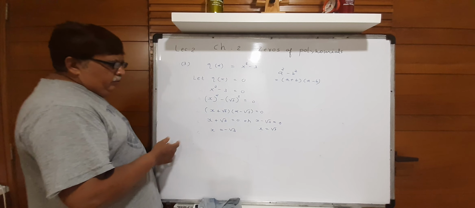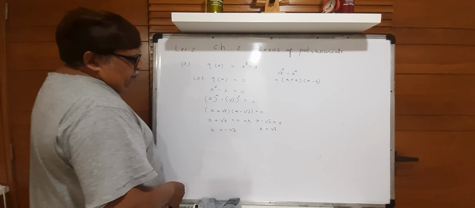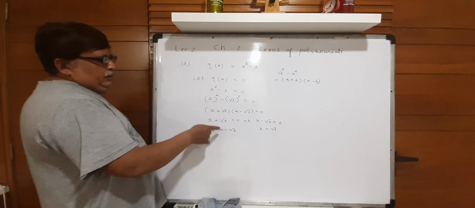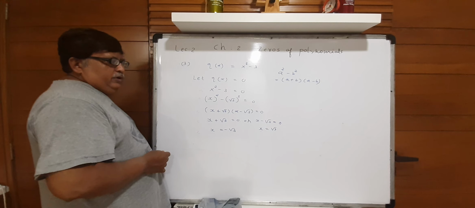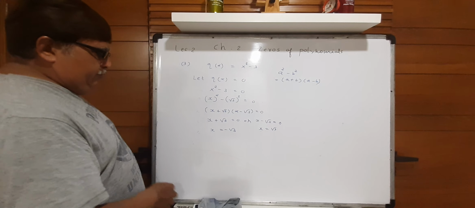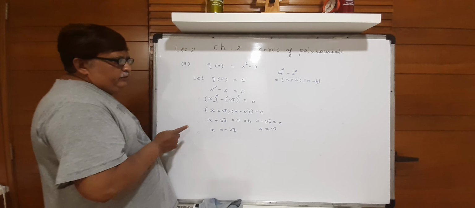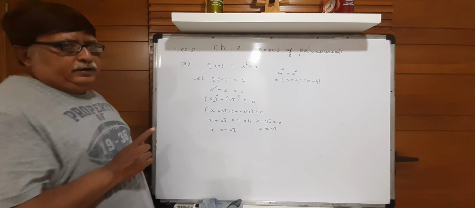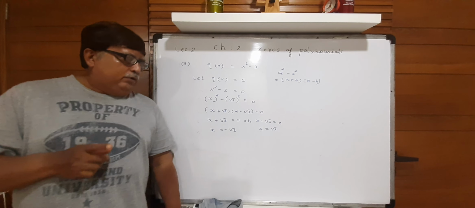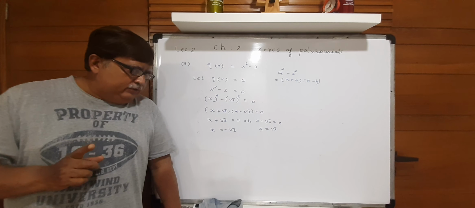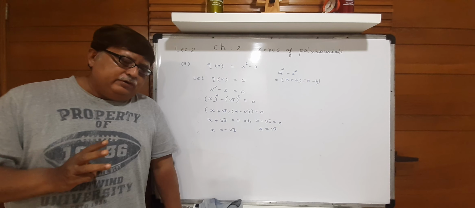You got the roots of the quadratic polynomial. These are minus under root 3 and under root 3. Understood? So this is the way you can find them. As far as quadratic polynomial is concerned, you need to remember two methods.